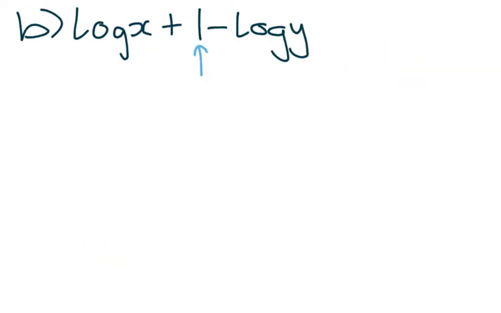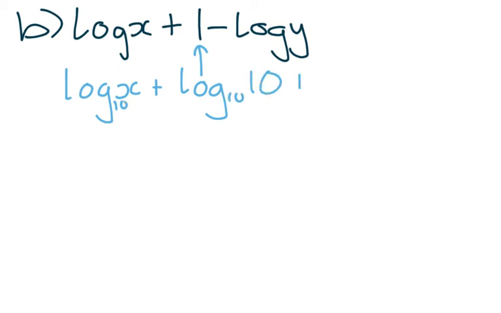In this case, they're all in base 10. So we're going to have log x plus log, I'm going to write the bases in, so 10 and then 10, plus log, take away log y.